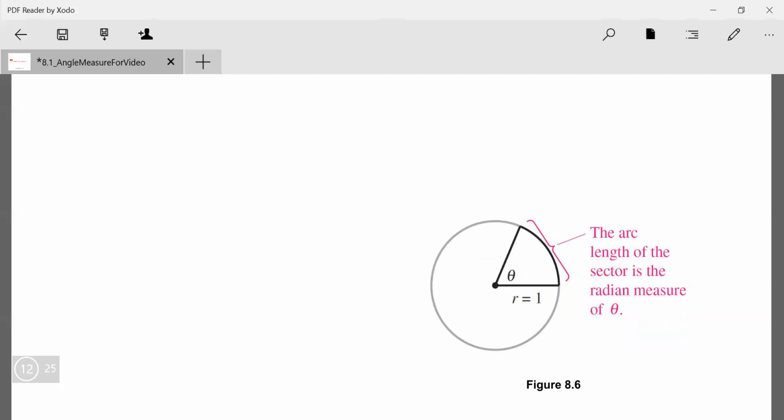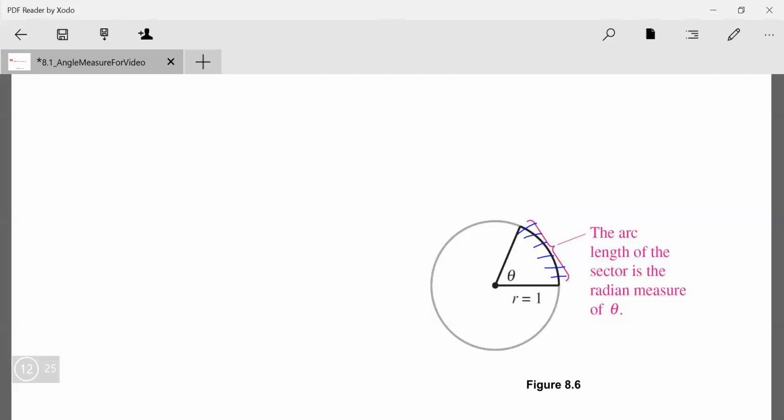If we position the vertex of an angle at the center of a unit circle, then the length of this sector, this arc length, is proportional to the angle theta.